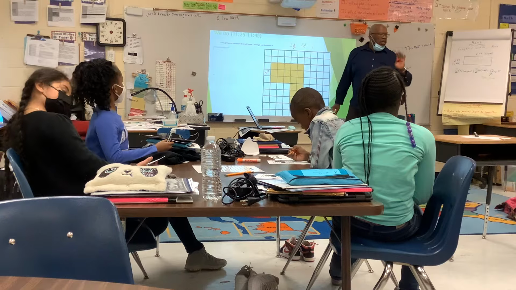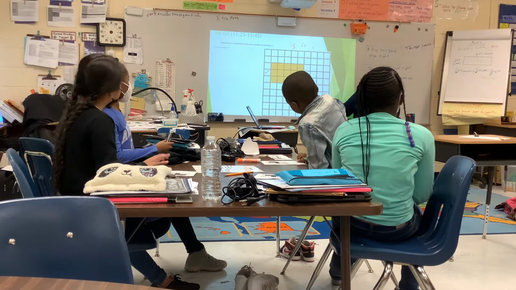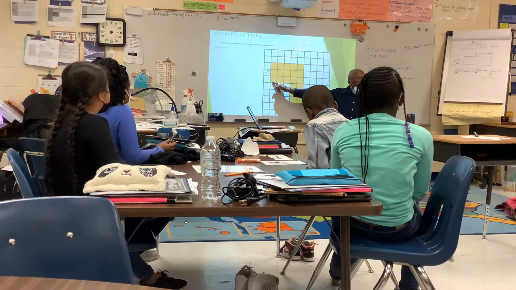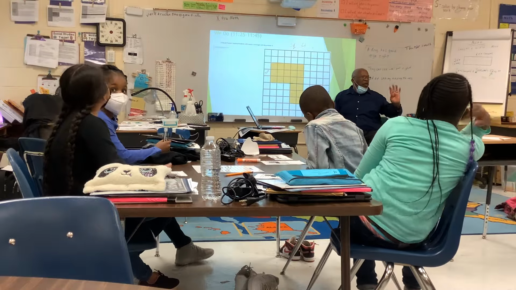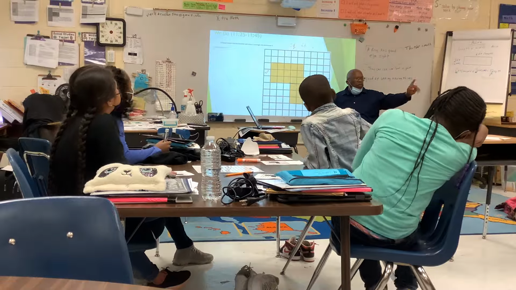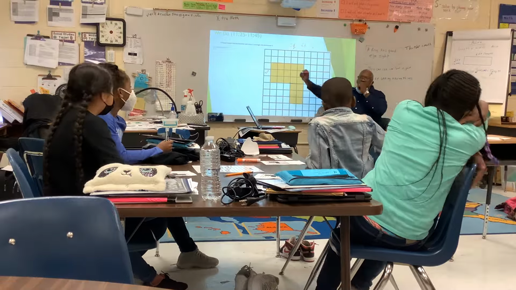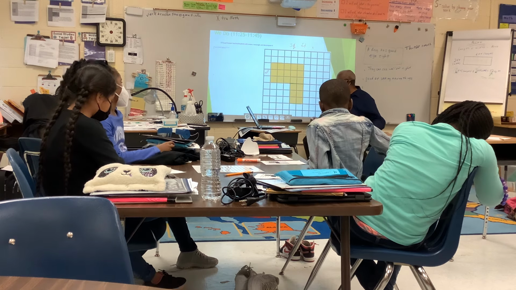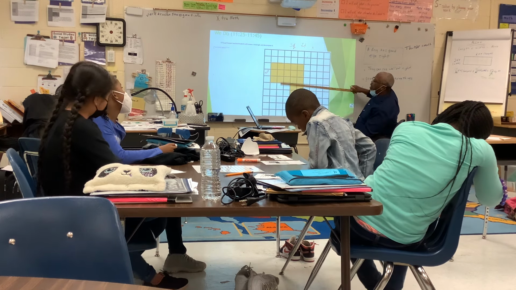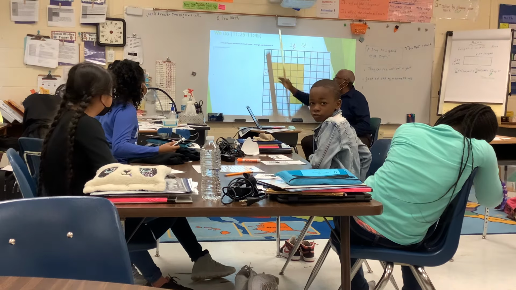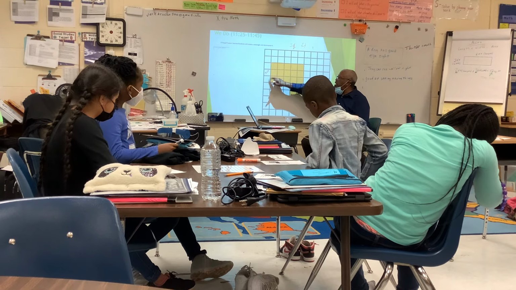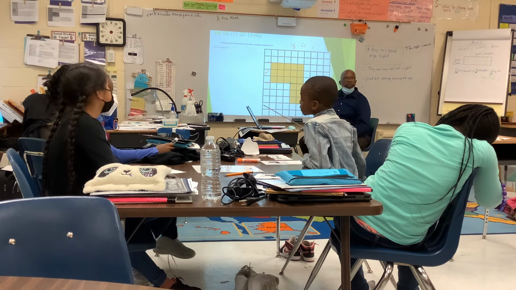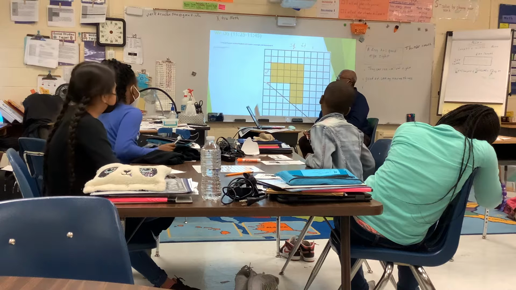Stop. Let me explain something. This is a square foot. This is the area. When you talk about square feet, you're talking about area. Don't write. Pay attention. When we're talking about length, if I took a yardstick and put it from here to there, it would show me 3 feet.